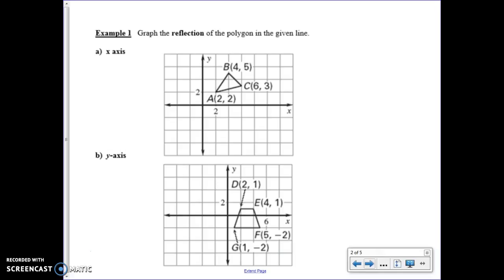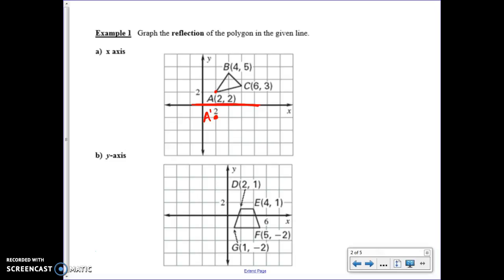So when we're reflecting over the x-axis, which is right here, one way to look at this is to see that point A is 2 above, or 1 box above the x-axis, since our boxes go by 2. So if we want it to reflect over, it would be 2 below, and we would call that A prime.